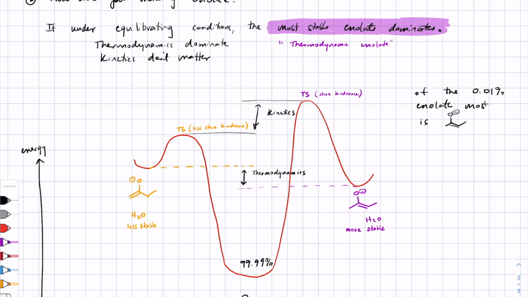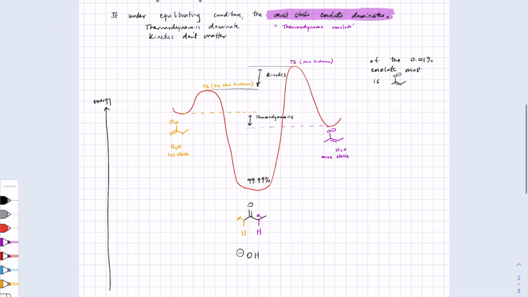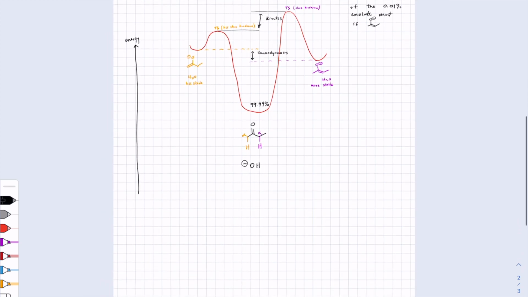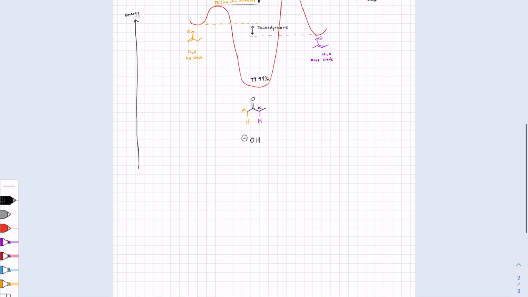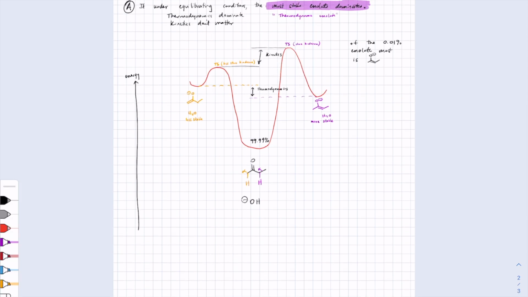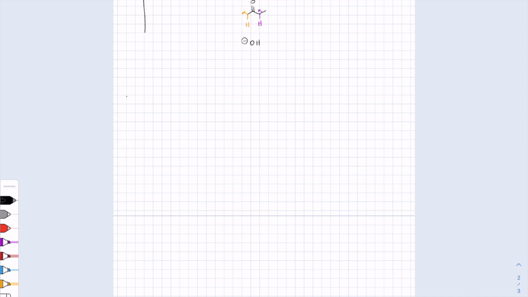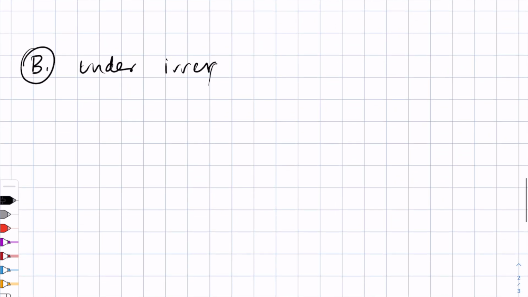So let's just change the energy landscape now by saying let's do the reaction no longer under equilibrating conditions, but let's do the reaction under irreversible conditions. That is, let's use a base that's so strong that once we make the enolate, there's no going back.